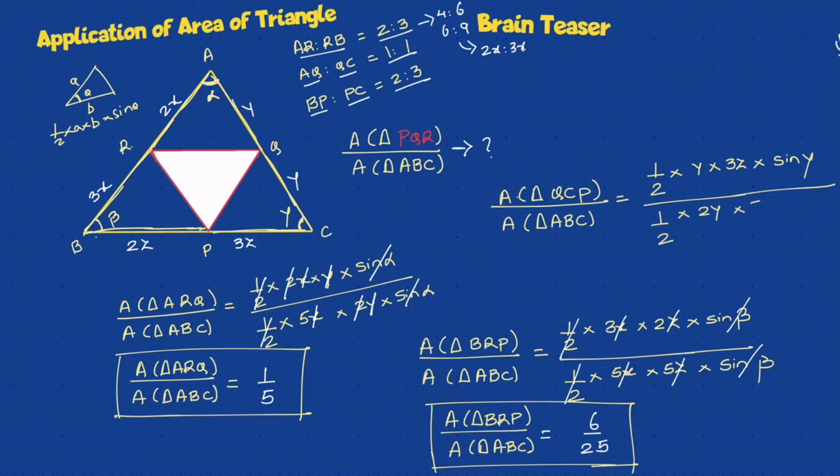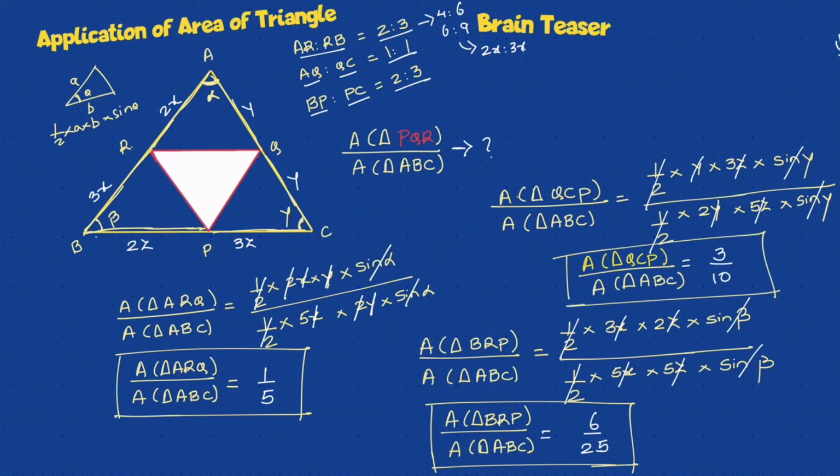Upon the area of ABC: half into y plus y, 2y, into 3 plus 2, 5z, again into sine of gamma. Everything gets cancelled and in the end I get 3 by 10, which means if the area of triangle ABC is 10, then the area of triangle QCP will be 3.